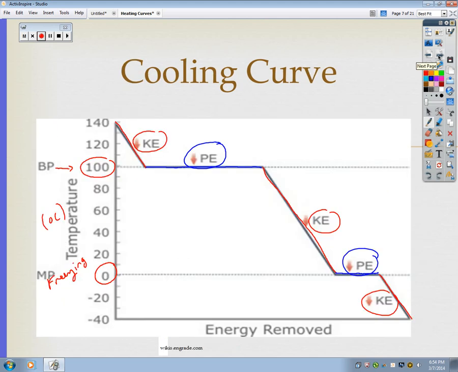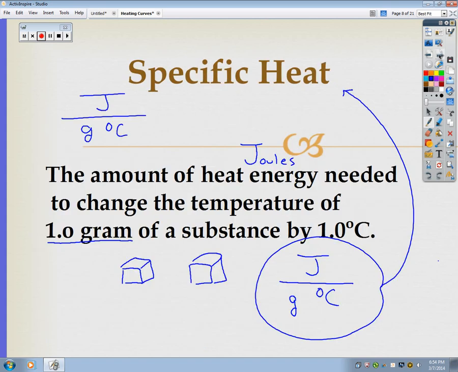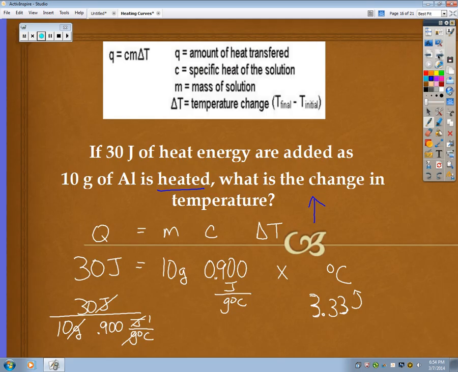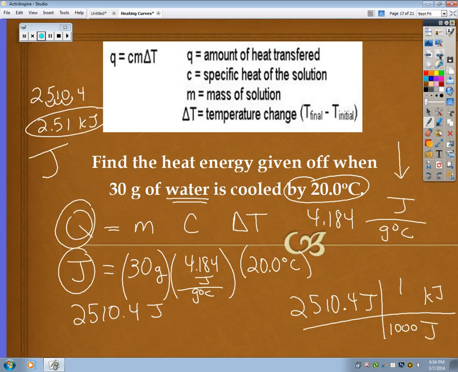So again, this is heat of fusion, and we call it delta H of fusion, heat of fusion, and this is delta H of vaporization. If you can imagine, ice is going to take the same amount of energy to melt or to evaporate. If you have water, I can look it up.